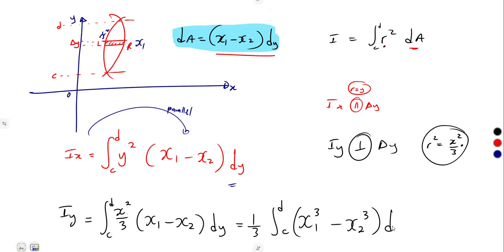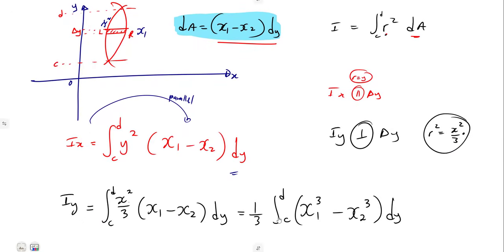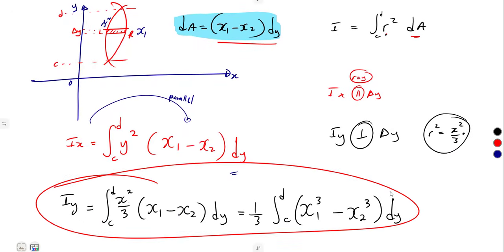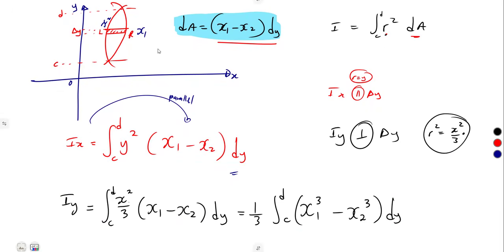So that is the formula that you are going to use at the end of the day whenever you are calculating the second moment of area with respect to y, when you're given two curves with the strip for y like that. So these are the formulas.